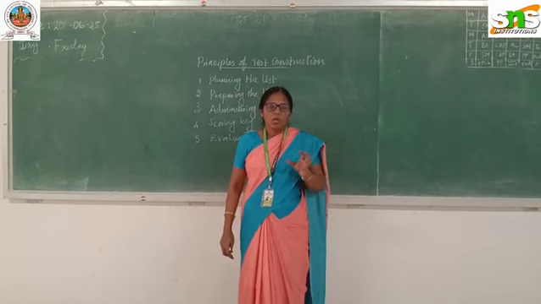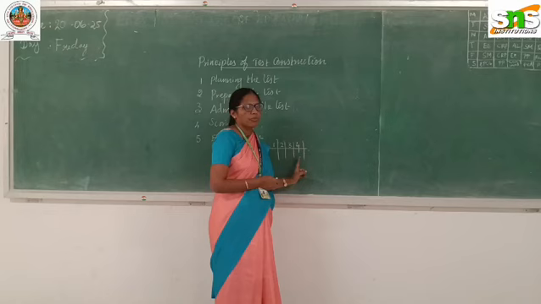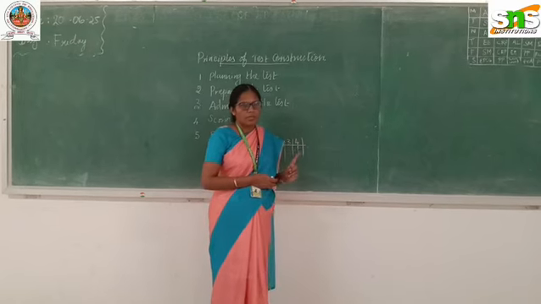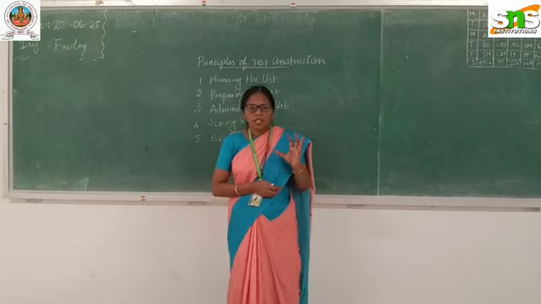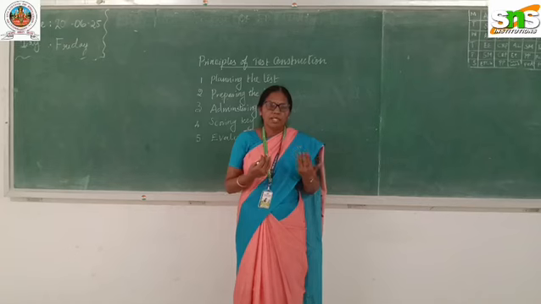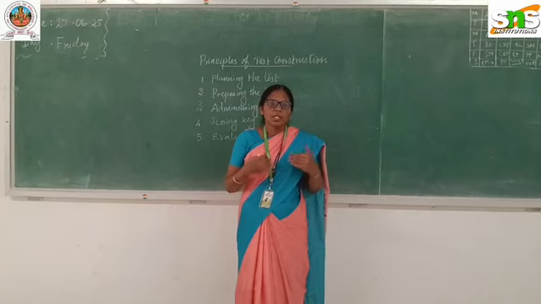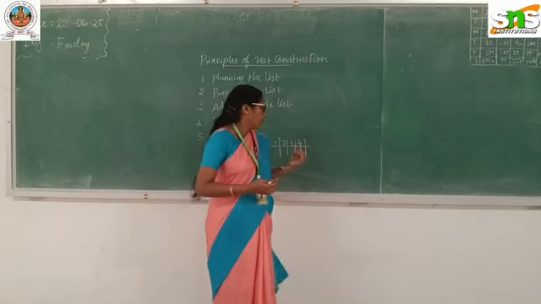Suppose all the students got the fourth question wrong, we evaluate why they got that particular question wrong. We also take some feedback about that and do remedial teaching. That is called evaluation.